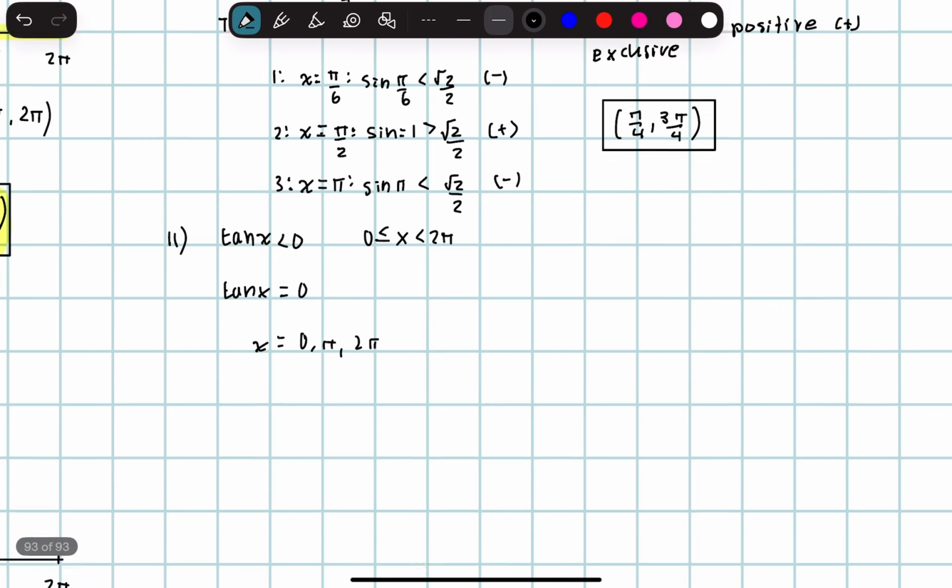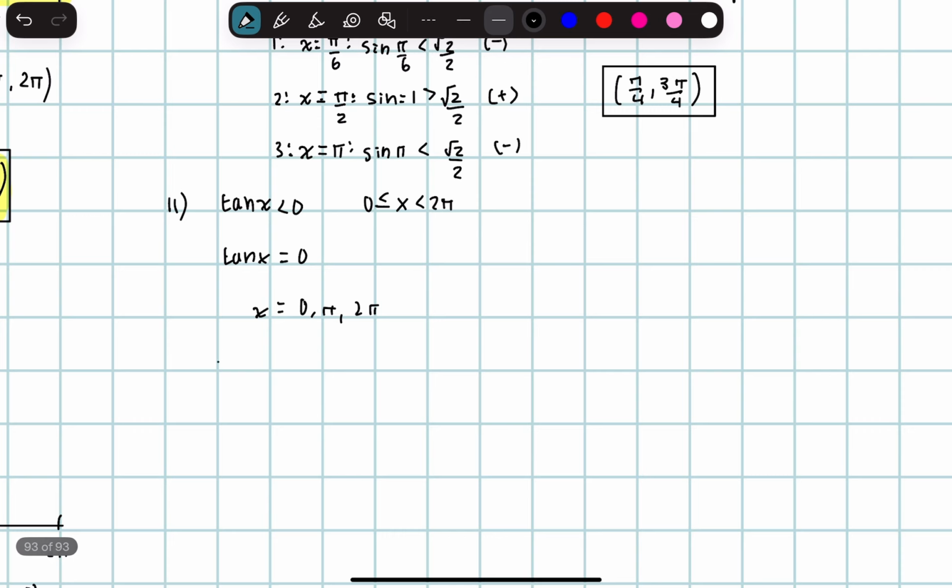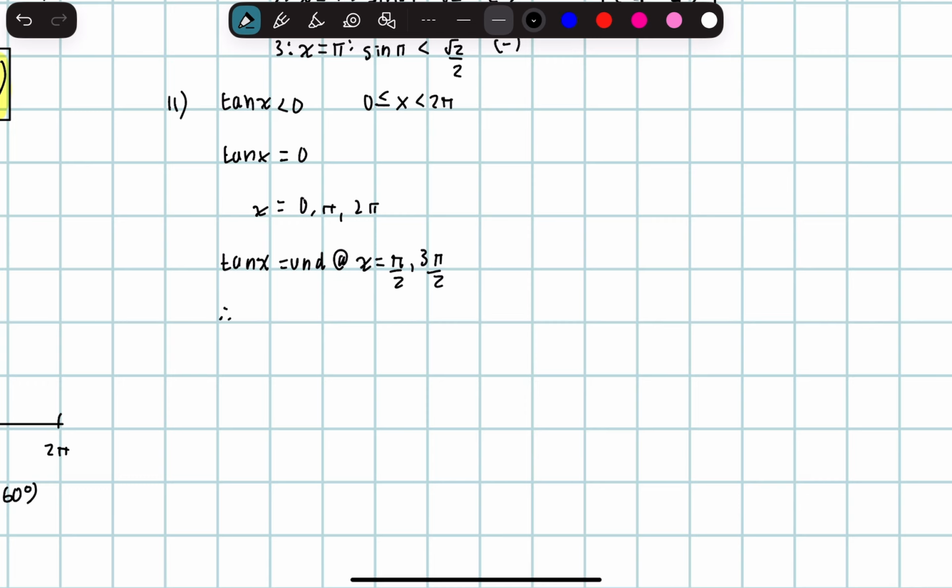But we also know that tan x is undefined at x equal to pi over 2 and also 3 pi over 2. So therefore our boundary points also include those points too. So that's going to be 0, pi over 2, pi, 3 pi over 2, and 2 pi.